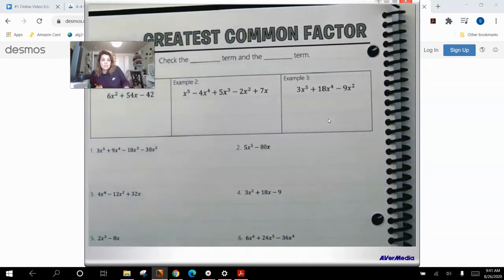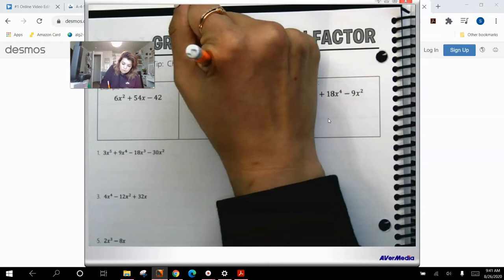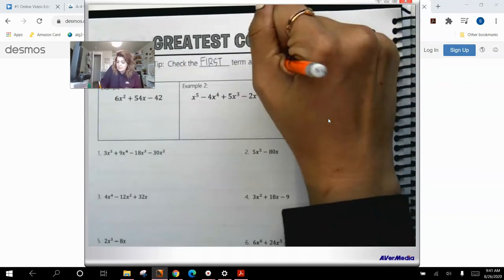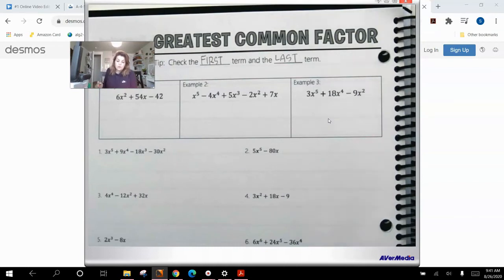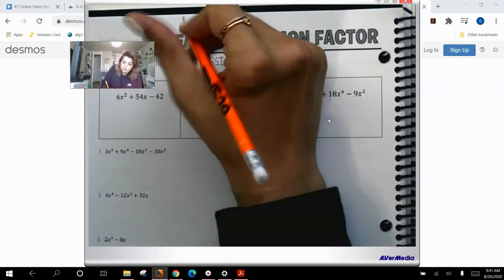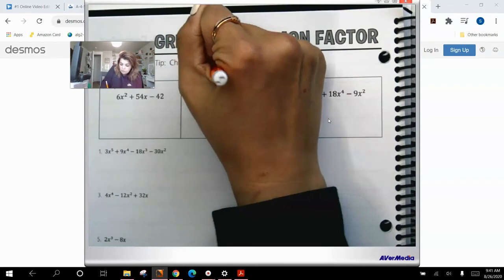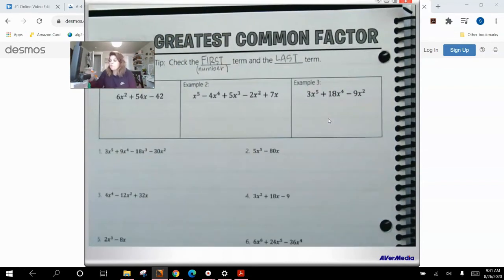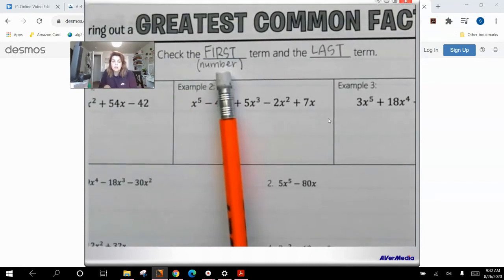So the tip, or the easiest way to do this, is to check the first and the last term in any algebraic expression. So you look at the first term, and then you look at the last term. The first term tells you what number you are going to factor out.